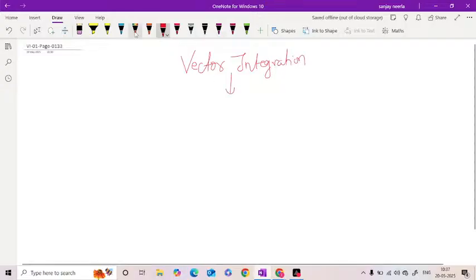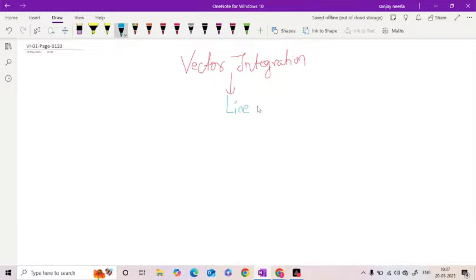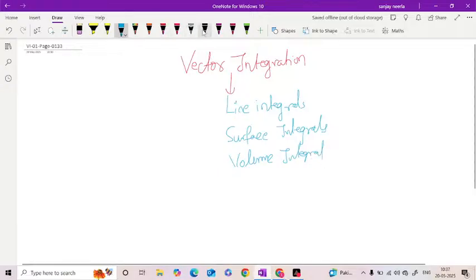So in this one, the first one is we will discuss line integrals. Next one, surface integrals. Next one, volume integrals. After that, we will discuss three theorems.